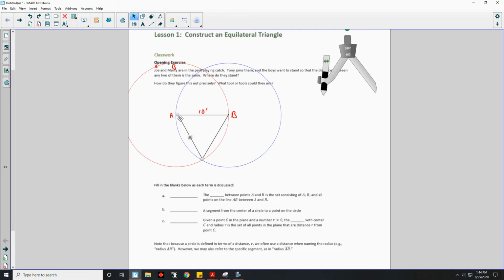Okay, let me just fix that a little. Then if I get rid of this circle and get rid of this circle, I now have an equilateral triangle where all three sides are 10 feet, if the first side was 10 feet.